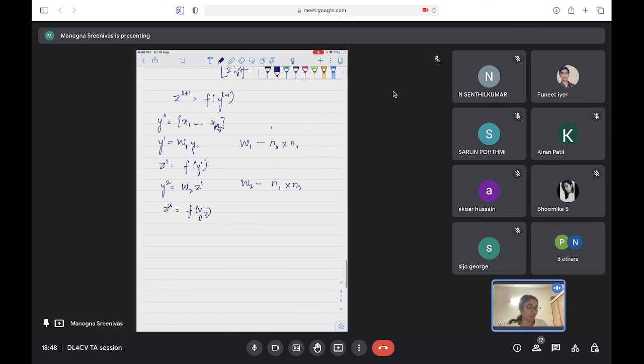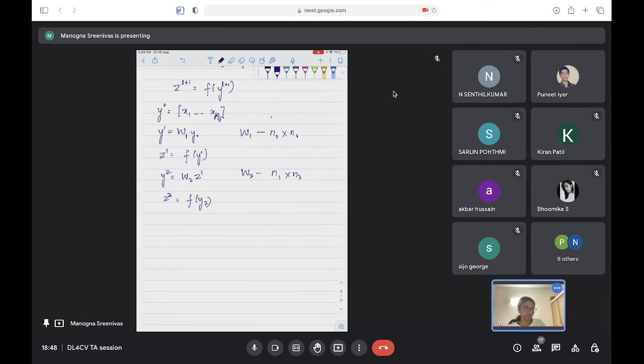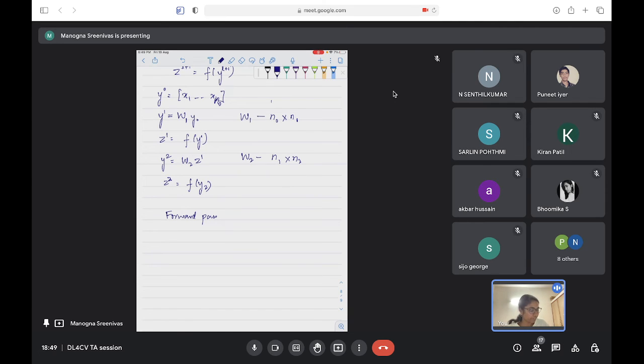This is how the forward pass in a neural network is computed. This is what we call the forward pass. And at the end I will have Z_L, say this is my last layer, equal to f of Y_L. So this is what I have at the end, and over this I will compute my loss.